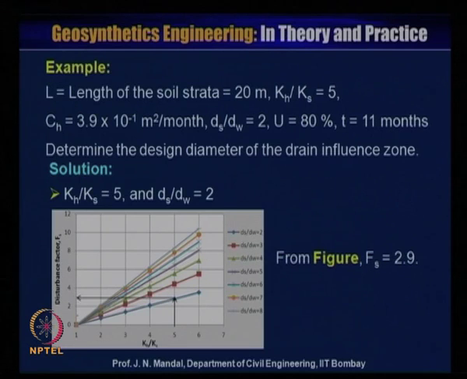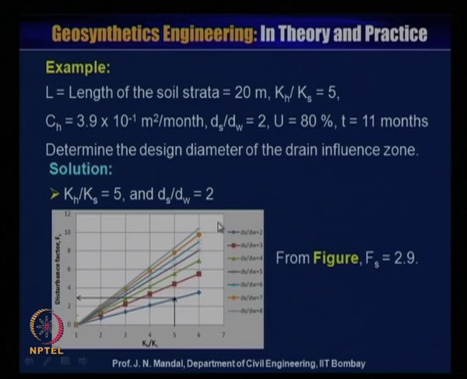Now, solution. You know kh by ks is equal to 5 and ds by dw is equal to 2, as given. So from this figure you can see kh by ks is equal to 5. So here is the 5, and then you move up, and check ds by dw.